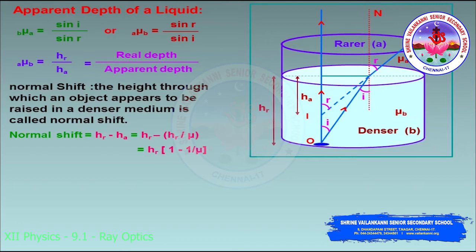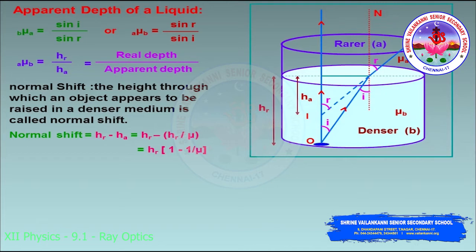So here we can take it as height of real depth minus height of apparent depth, which is equal to hr minus hr by mu, because mu is equal to real depth by apparent depth, so the apparent depth is equal to real depth by refractive index.